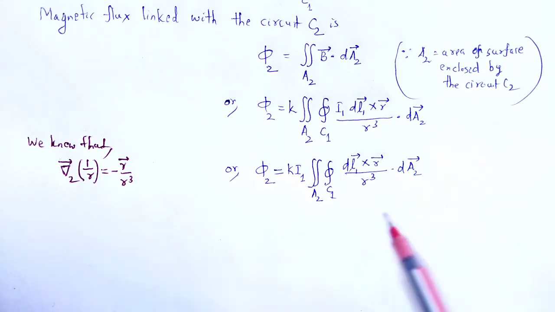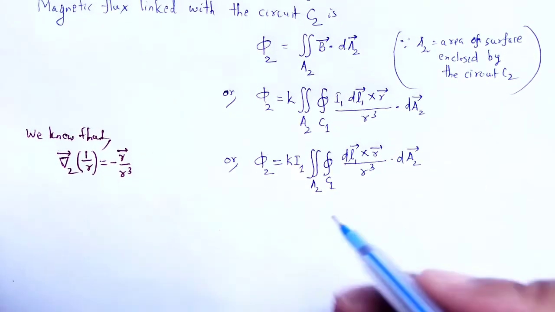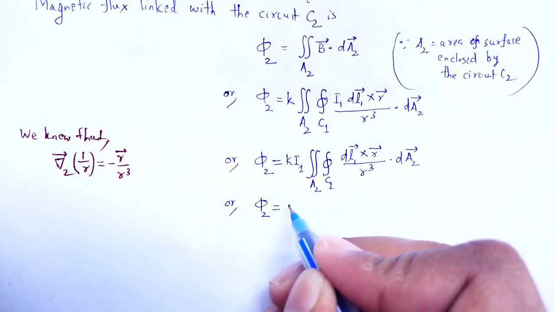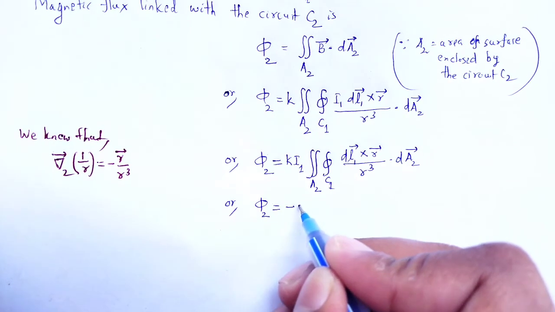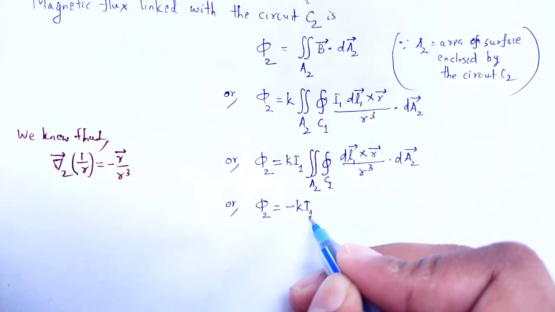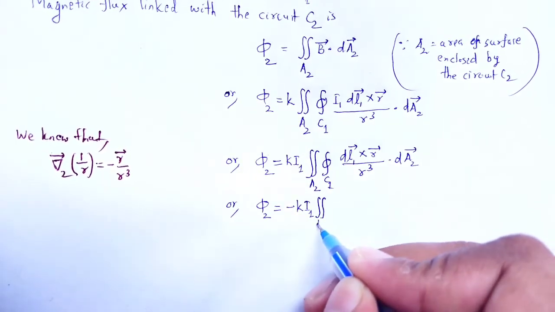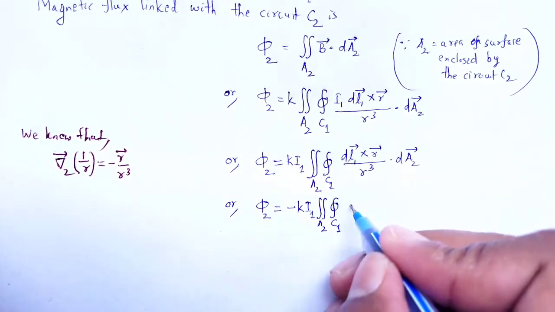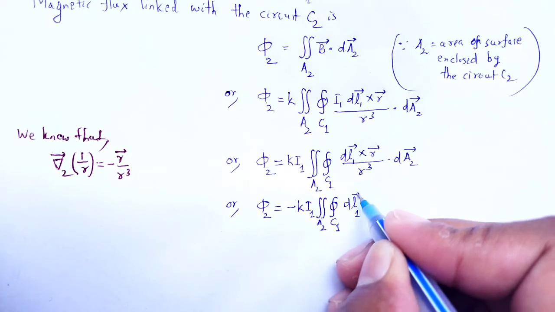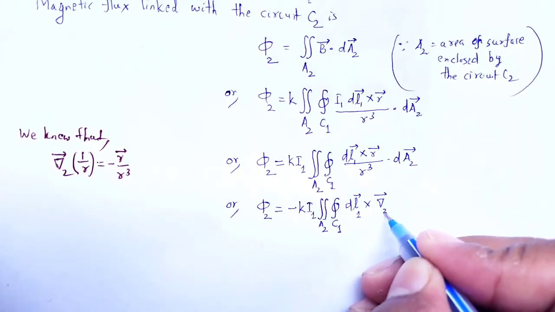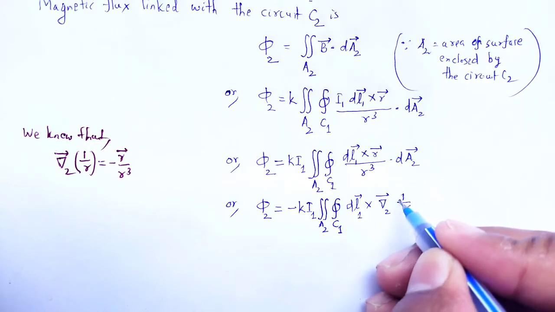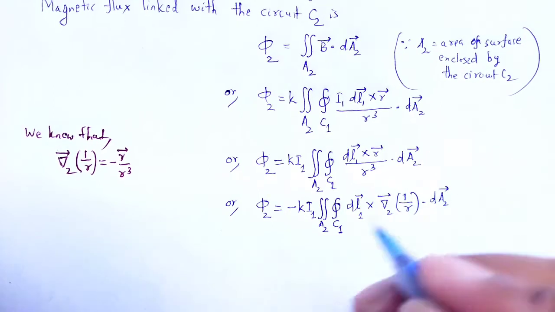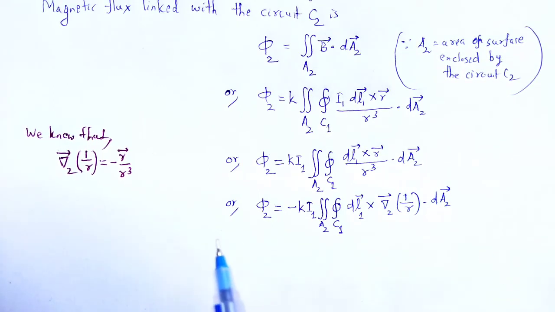That reference is used here, or phi 2 is equal to minus K I1 surface integral over A2, closed integral over C1, dL1 cross grad 2 of 1 by R, dot dA2. Okay, look here.